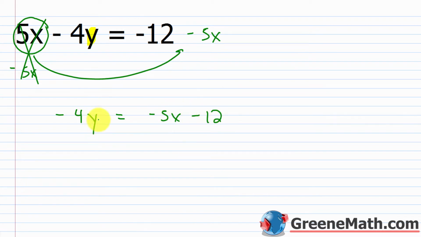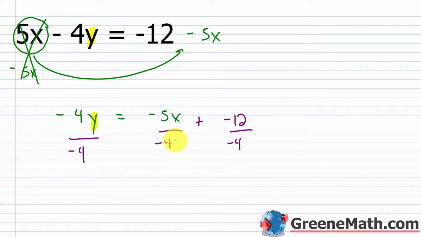And now to get y by itself, all I need to do is divide both sides of the equation by -4. So I'm going to divide this side by -4, and I'm going to divide this side by -4, but I'm going to do it to where I split it up. So what I mean by that is I'm going to put -5x over -4, and then I'm going to space this out and put plus -12 over -4.